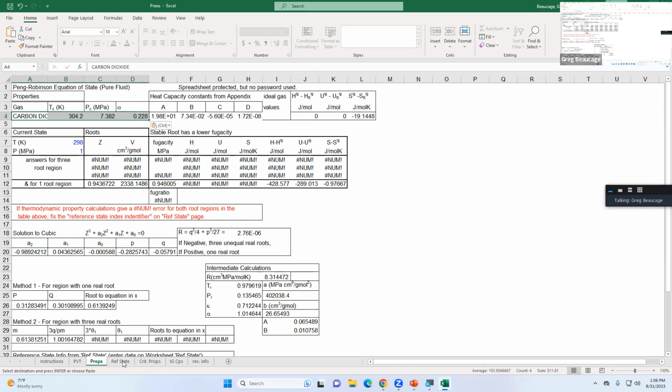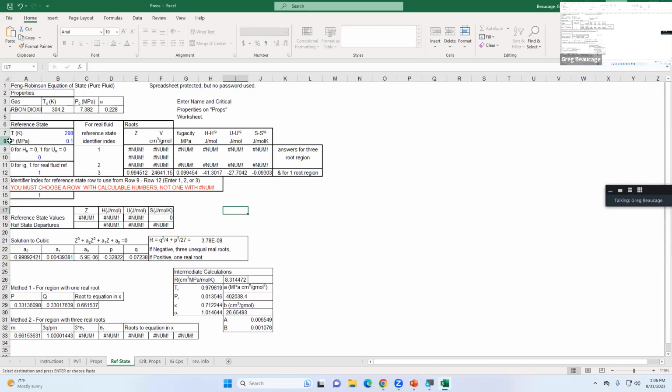Then you have to set whatever reference state you want. It's set for 298. You see this changed already, 298.1, and on that condition, the cubic equation is going to have 3 roots, right? Unless it's supercritical, right?